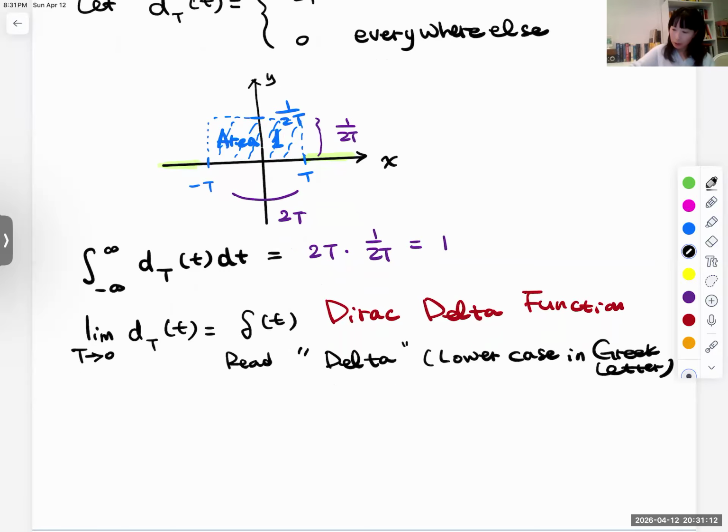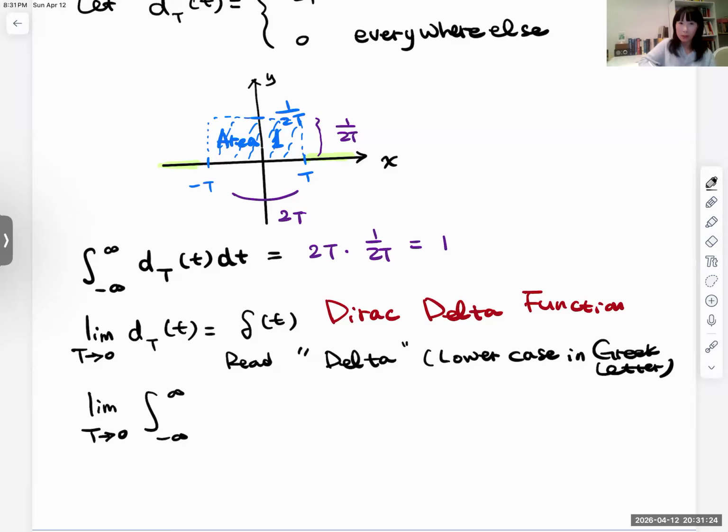Altogether, we have the limit as t approaches 0 of the integral from negative infinity to positive infinity of d sub t of t dt, equal to 1, right?